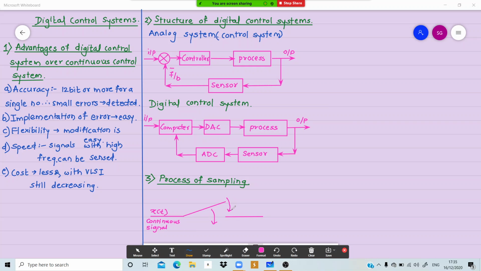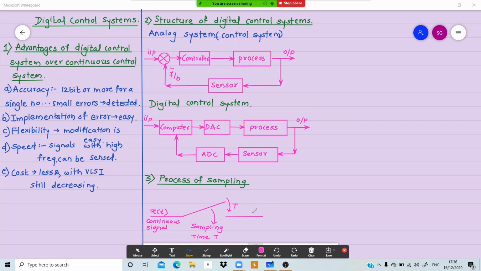And the time period that you are giving for that, let us say every after capital T time, this will be on and the signal will be given, so it is getting converted into pulses, zeros and ones, right? So sampling time, let us say capital T. Okay.